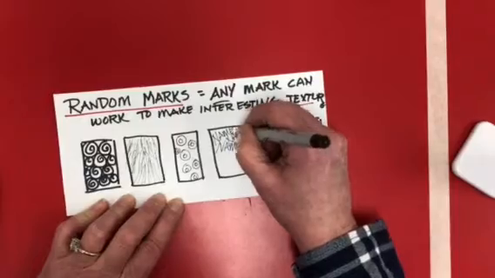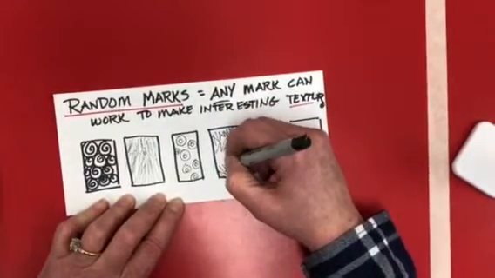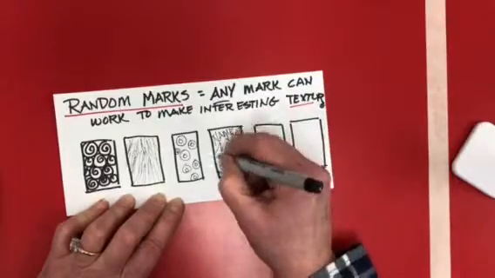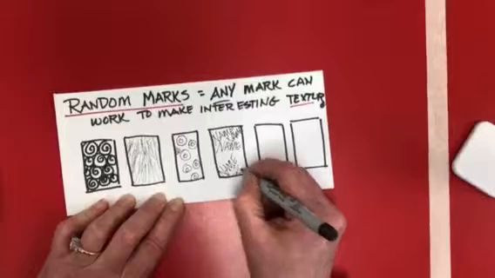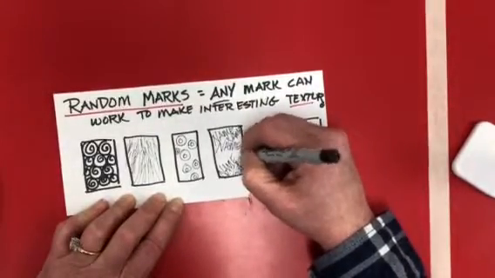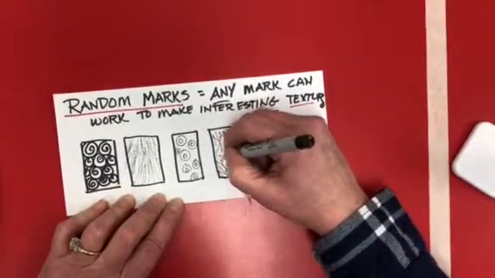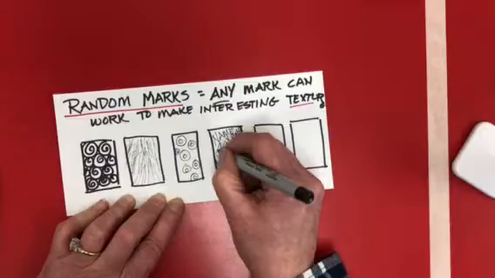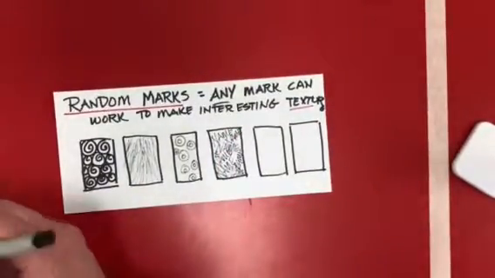Maybe you want to use a special word like peace. Or you want to use your initials, a name. Maybe you want to use song lyrics to create a texture. You're limited only by your own imagination. So experiment. Okay? What else can we do?